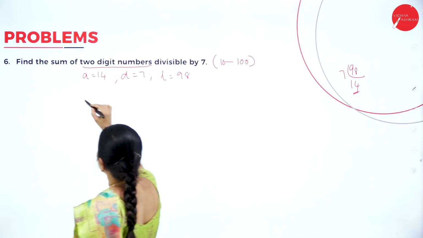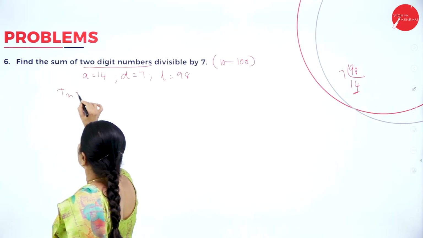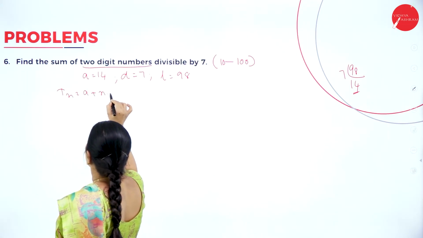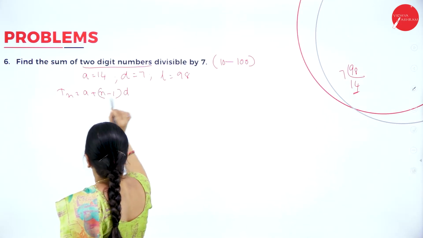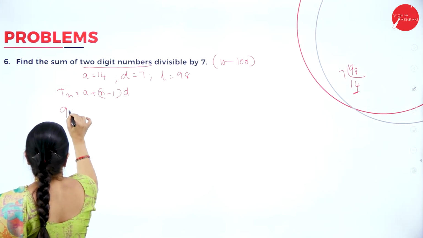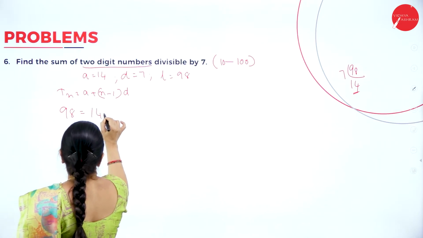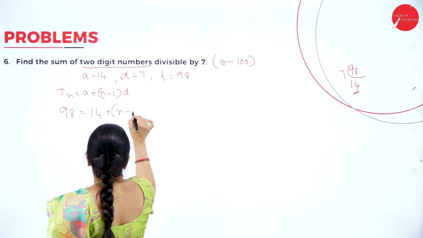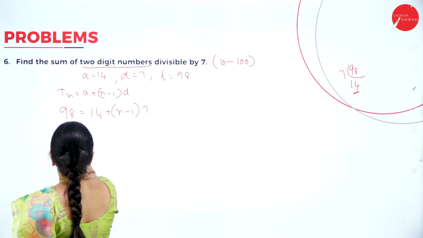Next, we will use Tn equals a plus n minus 1 into d. So 98 is the term: 98 equals 14 plus n minus 1 into 7.